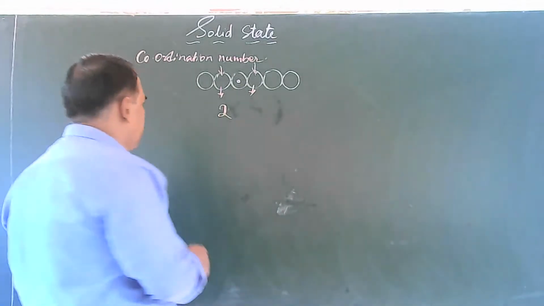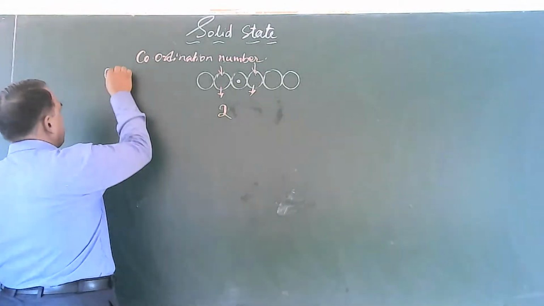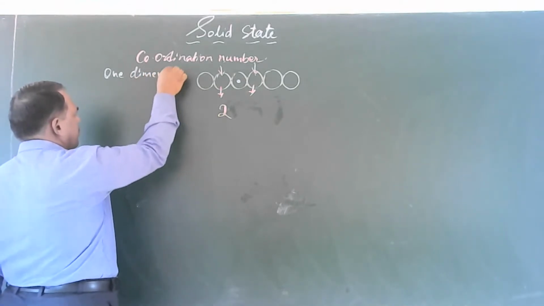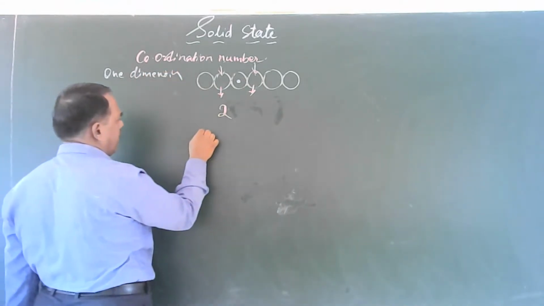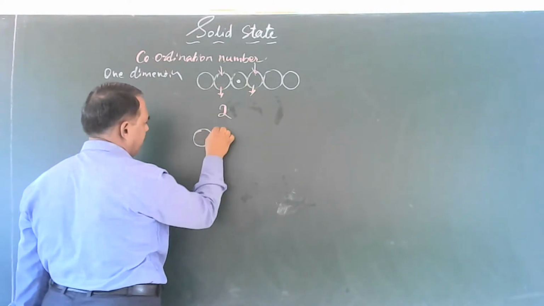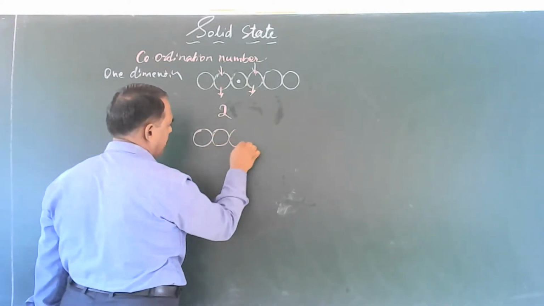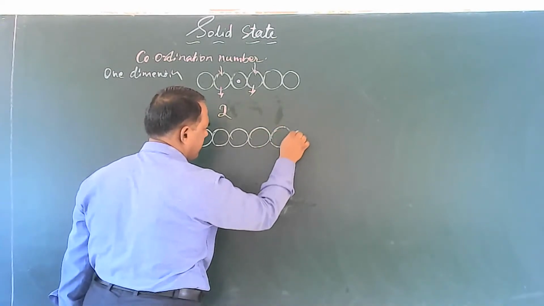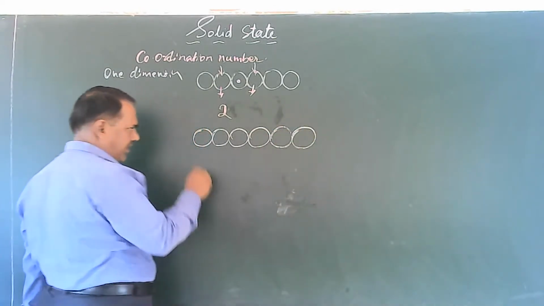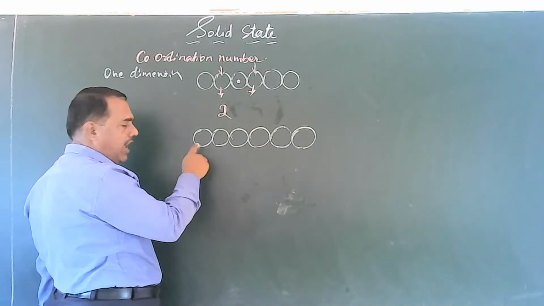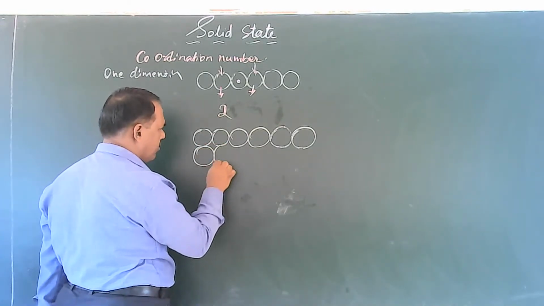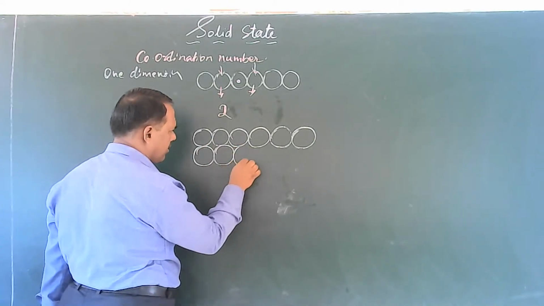So we shall study in 2 dimensions. So this is one dimension. Say I am going to draw the spheres. You can easily observe here. Just see the diagram. See, in the second layer, I am going to place the spheres exactly below it.